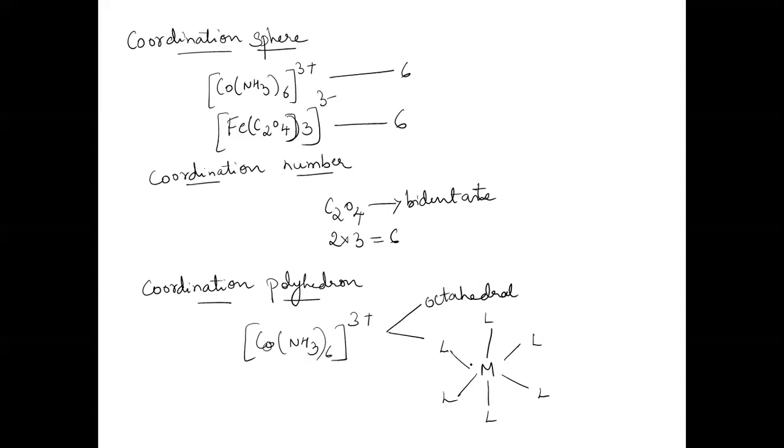In this case it is octahedral, and it can be tetrahedral, square planar, or square pyramidal. Everything is possible depending upon the hybridization. So it can be square pyramidal or trigonal bipyramidal.